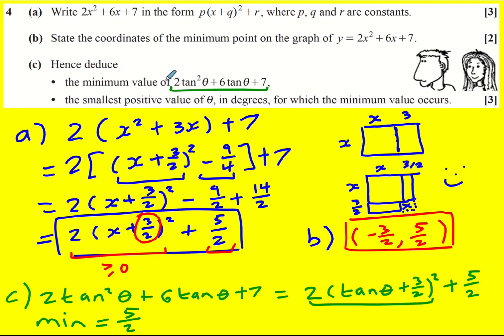It does ask us for the minimum, so I've dealt with that bit. And then we want the smallest positive value of theta for which the minimum value occurs. So again, last time it was when x is minus 3 over 2, this time it's going to be when tan theta is equal to minus 3 over 2.